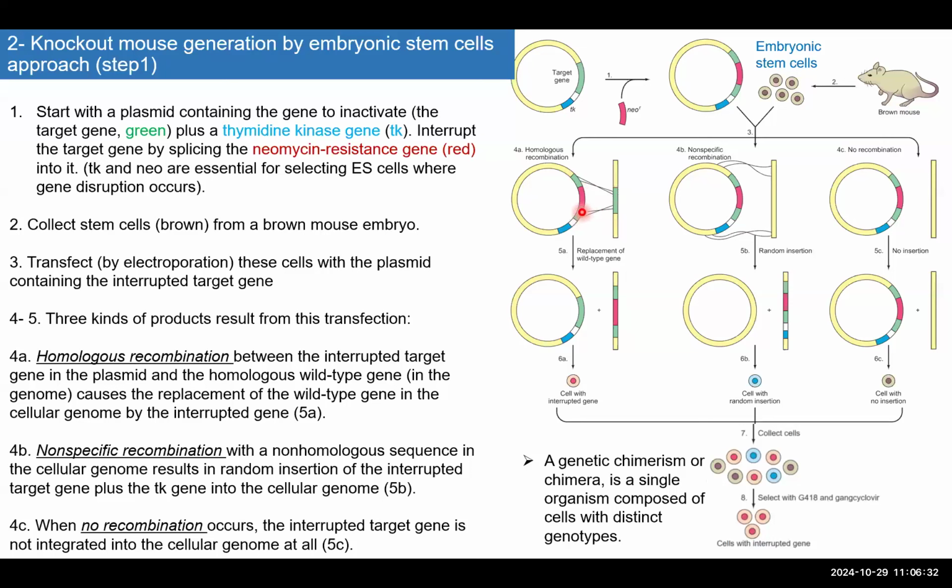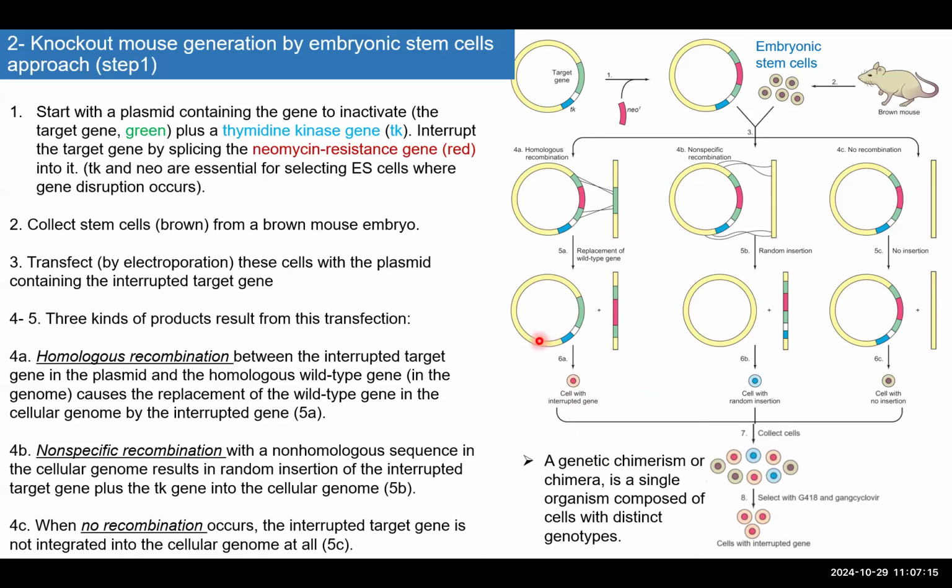And then if the recombination took place, there will be change. The genomic DNA, which is here, for example, exon 2, is going to be taken back to the plasmid. And the neomycin cassette is going to be replacing exon number 2. And therefore, we have a recombination process that took place. We replaced exon 2 by neomycin cassette. And therefore, if we add the antibiotic, the cells will survive. This way, we already have embryonic stem cells that contain a knockout of that gene.